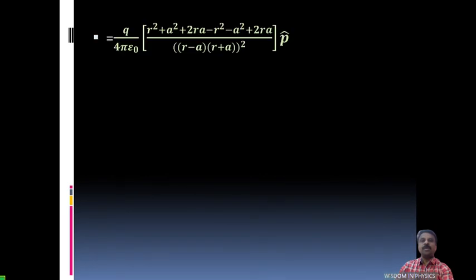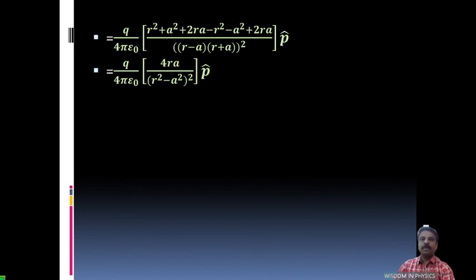So some terms are cancelled in the numerator: r square minus r square, plus a square minus a square. Ultimately you are getting 4ra only. But in the denominator, according to (a minus b) into (a plus b), you will get (r square minus a square) the whole square. So 4ra in the numerator, and in the denominator you will get (r square minus a square) the whole square.